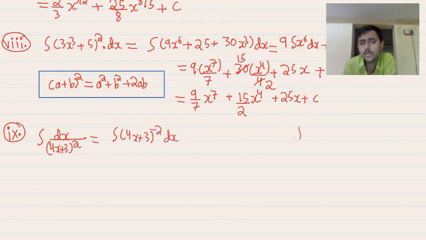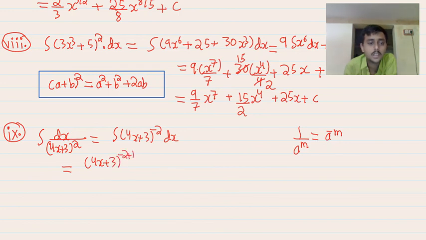As you must be knowing, 1 upon a to the power m can be written as a to the power minus m. So this becomes integration of (4x plus 3) to the power minus 2 plus 1 divided by minus 2 plus 1 plus c. Because we have removed the integral sign, we will write a plus c.